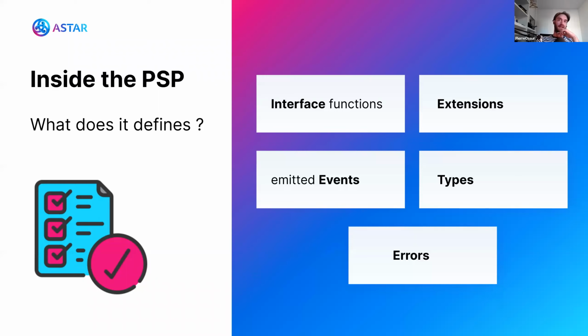Also, all the events that could be emitted and all their fields, because front ends, block explorers and block indexers work with libraries, so it's way easier if the event names and fields are also standardized.